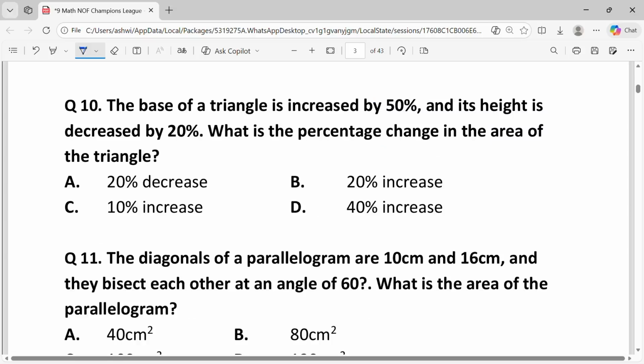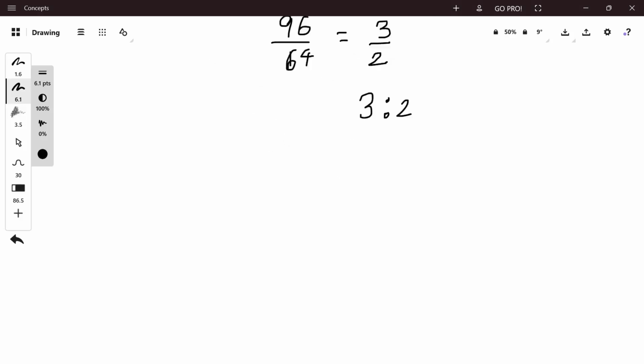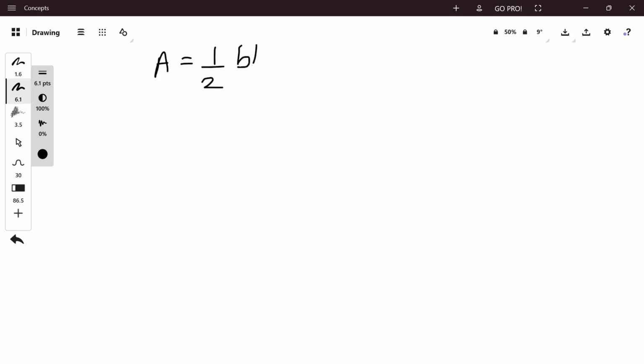Question 10. The base of a triangle is increased by 50% and its height is decreased by 20%. What is the percentage change in the area of the triangle? The original area of a triangle A is equal to 1 by 2 BH.